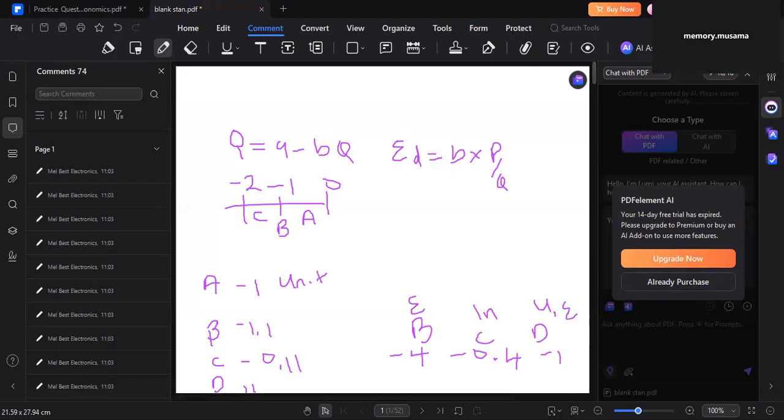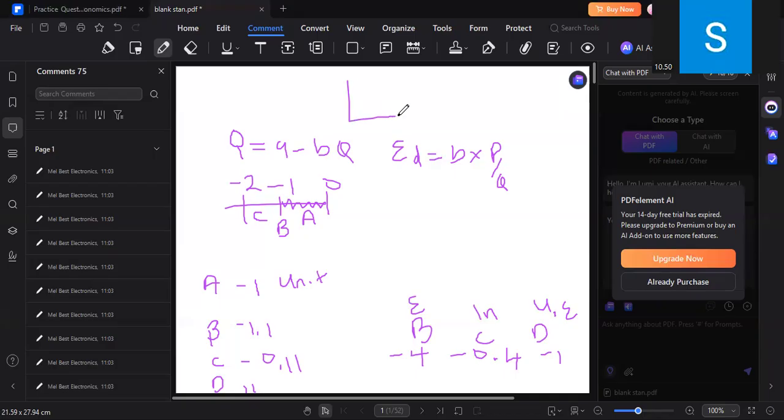For me, I'm a bit behind. Explanation: if it is between 0 and 1, as long as I am at 0 point something, it is inelastic because it's below 1. So 0.9, 0.8, and so on. To start with, demand elasticity is negative, because demand has a negative relationship.